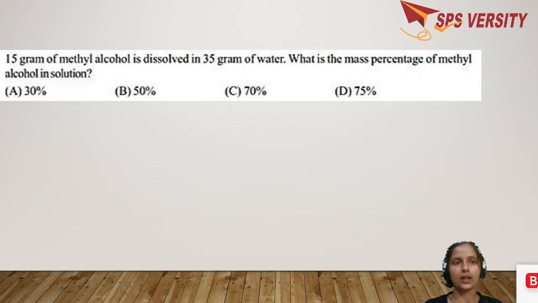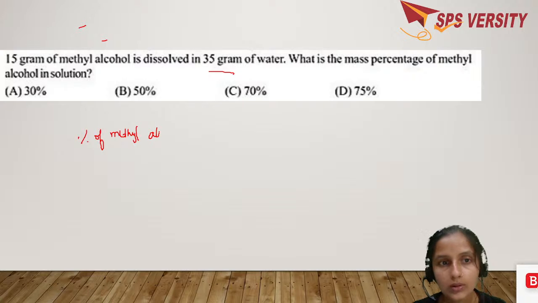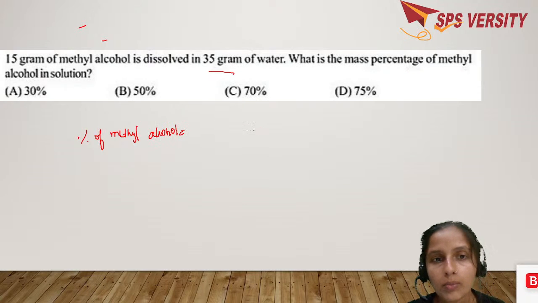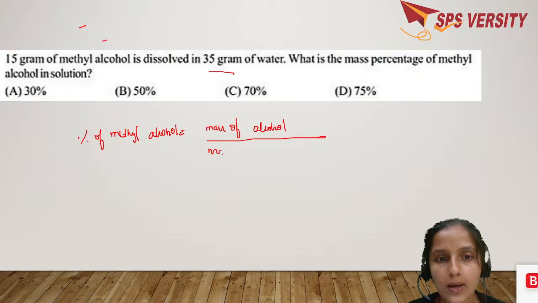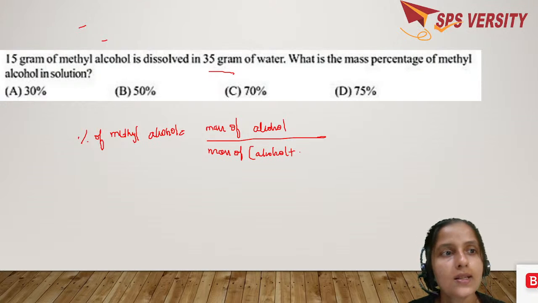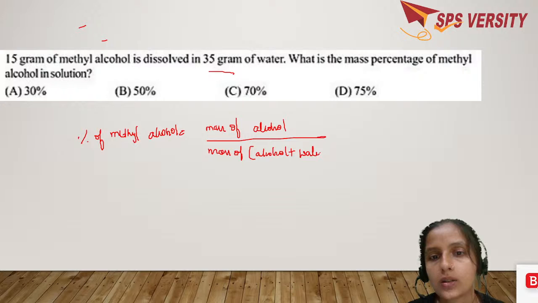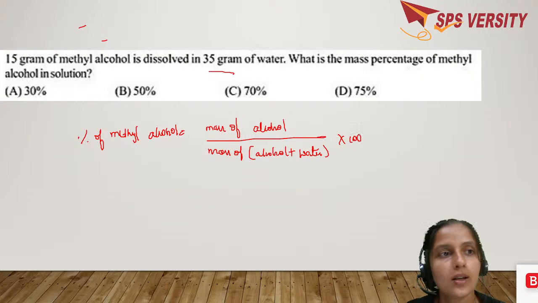15 gram of methyl alcohol is dissolved in 35 gram of water. What is the mass percentage? How do you do this? This is pretty simple, I'll just tell you the way. Mass percentage of methyl alcohol is equal to the mass of alcohol divided by the overall mass, that's mass of alcohol plus water, times 100.